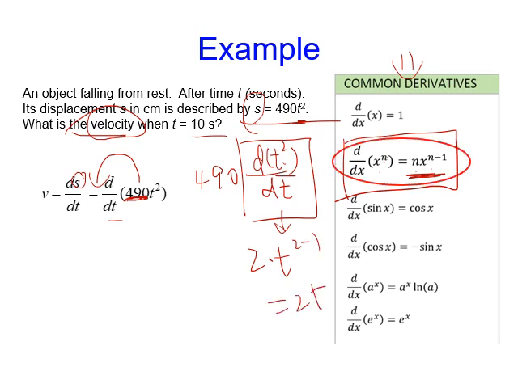So the answer is 2 times 490, which gives you 980 times t. When t is 10, plug in the time. So at 10 seconds, the velocity should be 9,800 centimeters per second.